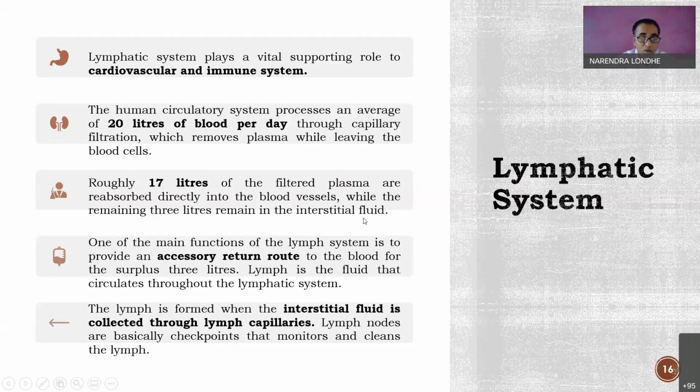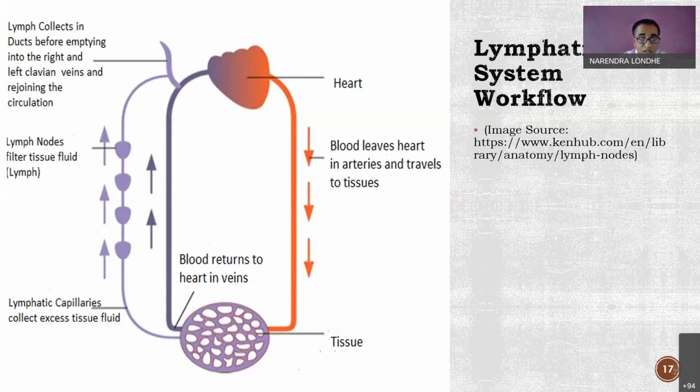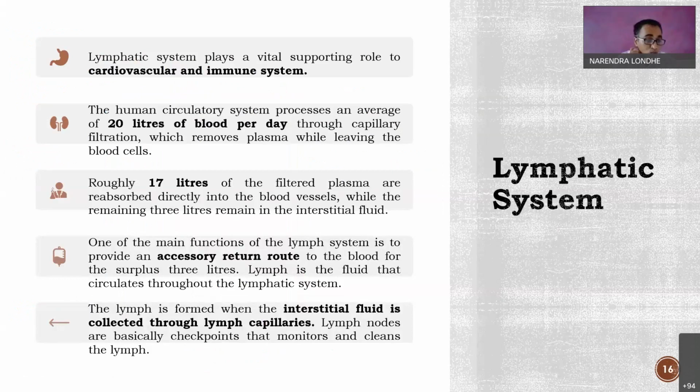So only 17 liters of blood will come back, and the remaining interstitial fluid is what is called lymph fluid. That lymph fluid has a separate system to return to the different organs of the body.